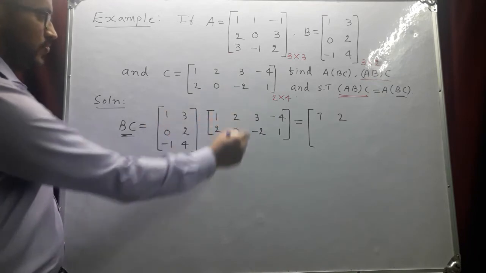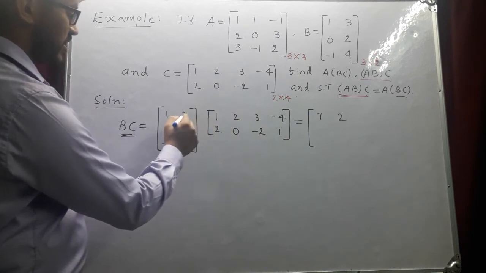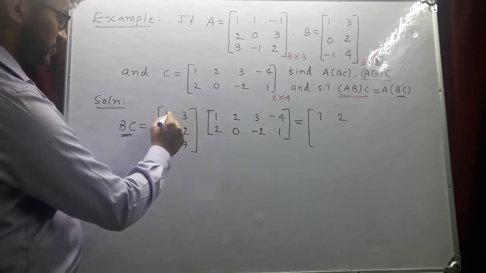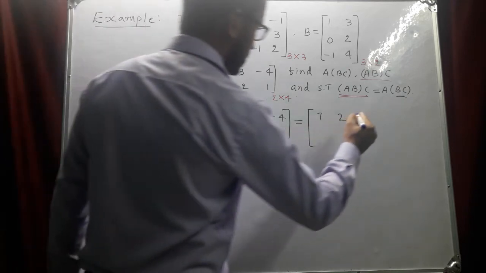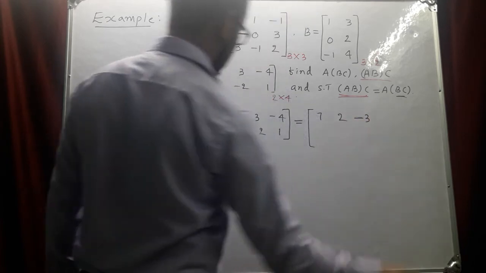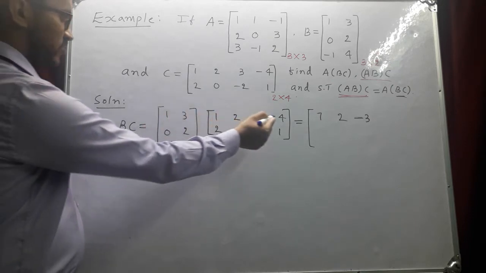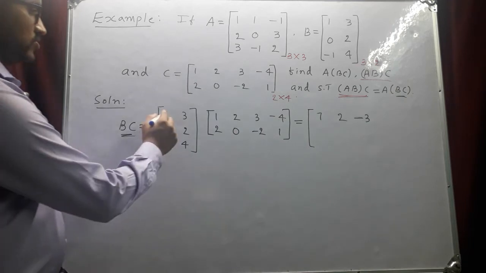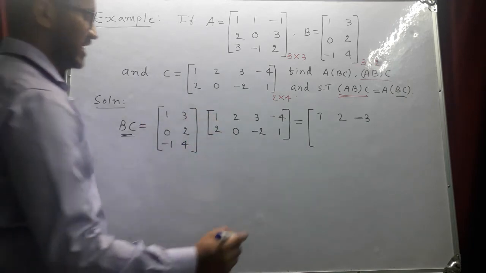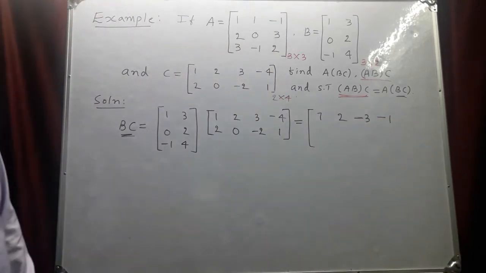Next element, first row, third column, that is 1 into 3 plus 3 into minus 2, so 3 minus 6, we get minus 3. Next element, first row, fourth column, 1 into minus 4 plus 3 into 1, so that is minus 4 plus 3, we get minus 1. So we got the first row of the product.